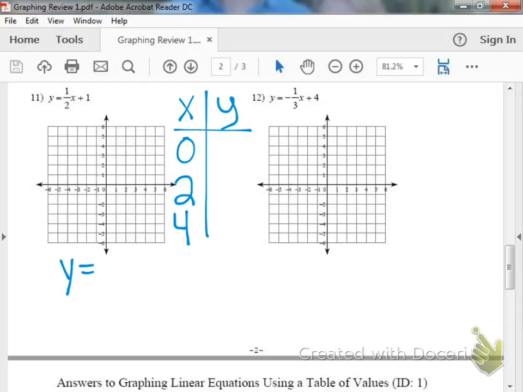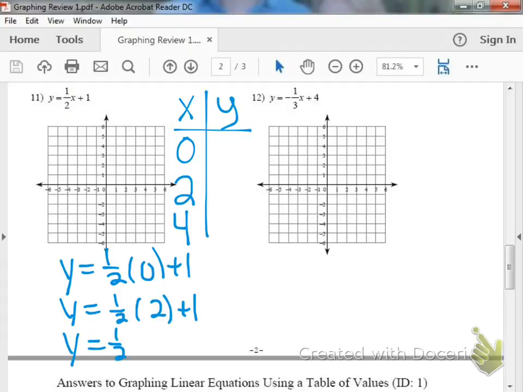Okay, so y equals 1/2 times 0 plus 1. Y equals 1/2 times 2 plus 1. Y equals 1/2 times 4 plus 1. 1/2 times 0 is 0, and 0 plus 1 is 1. 1/2 times 2 is 1, and 1 plus 1 is 2. 1/2 times 4 is 2, and 2 plus 1 is 3.